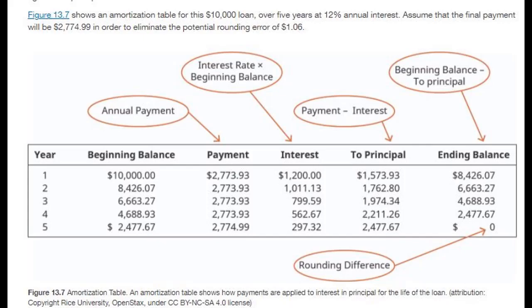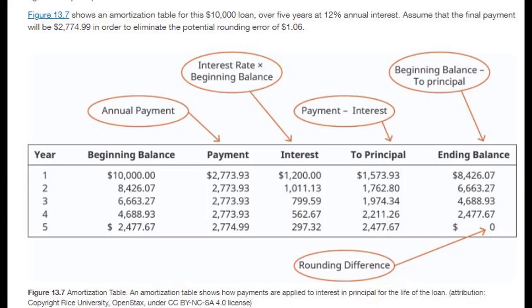Well now, if we owe $8,426 and 7 cents, I should say, at the end of year one, then you wake up on January 1st and you start year two with the same beginning balance. You owe $8,426.